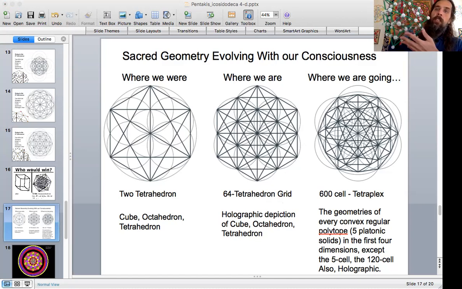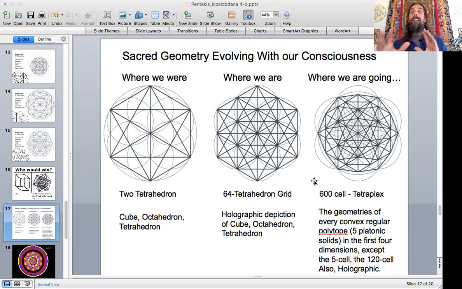This is the 64 tetrahedron grid. Basically what we said is, well, there's a lot more connecting lines inside just the two tetrahedrons of the cube. So we've got a 64 tetrahedron grid, and it's informing a lot of our science because all of a sudden it brought us into this holographic nature of reality, as we're waking up into that reality more and more.